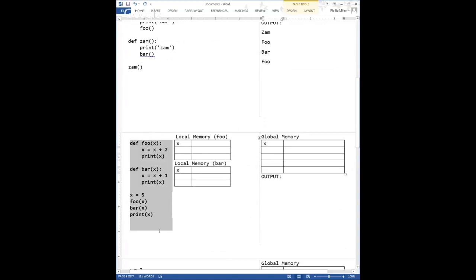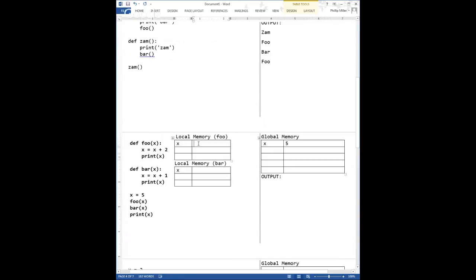And so when this runs, the first thing that happens is 5 is stored in the global x. And then we call foo, and we're passing x. And remember, when you pass a variable, we're really passing the value of that variable. So the value of that variable is 5. We're passing 5 to foo.